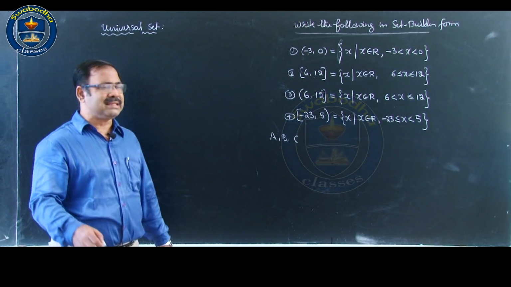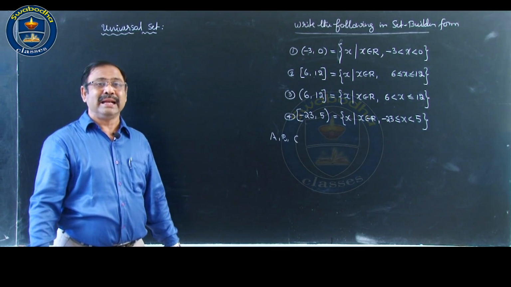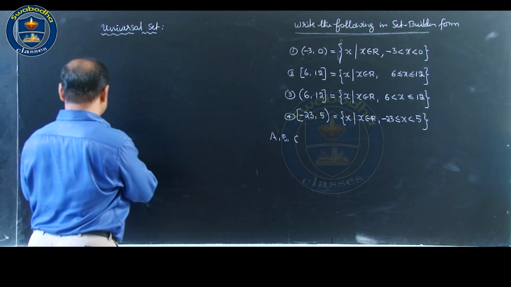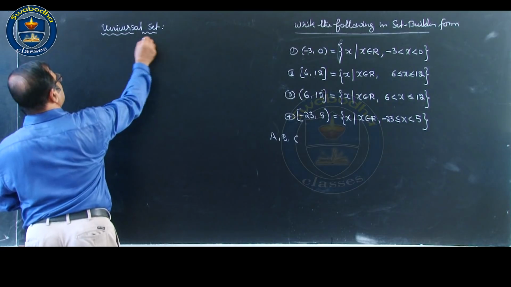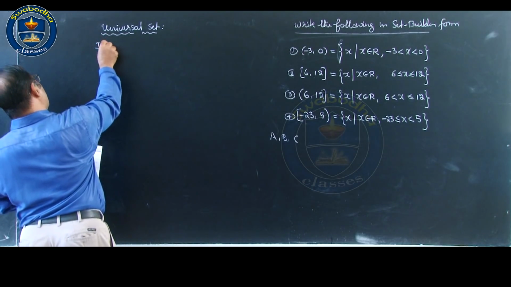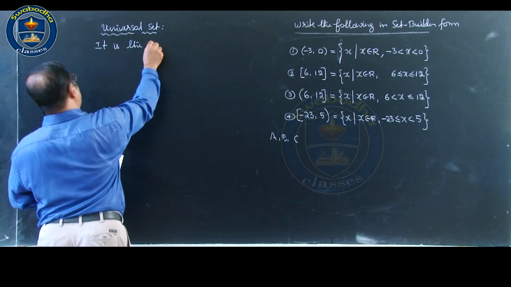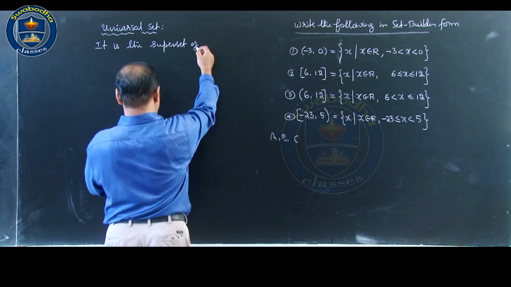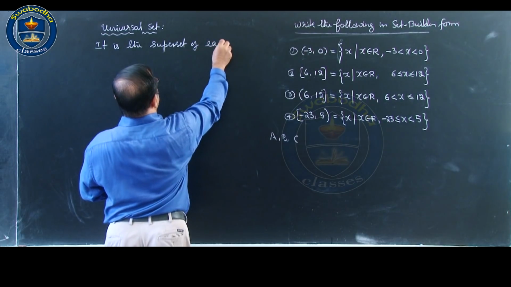So, the universal set means it is the superset of all the given sets. The universal set is the superset of each of the given sets.